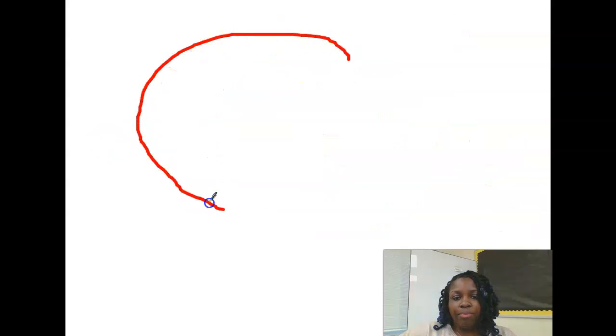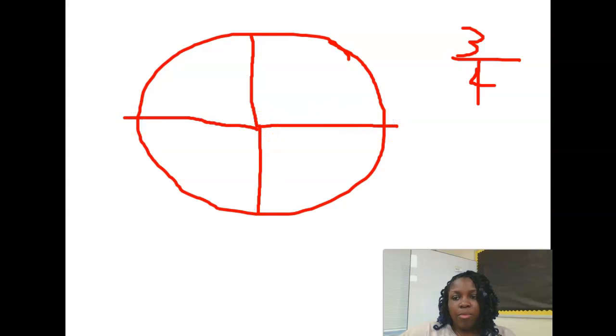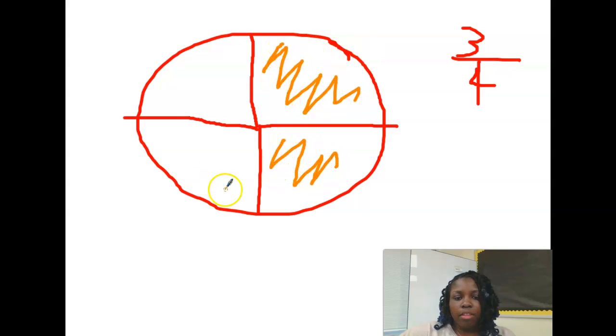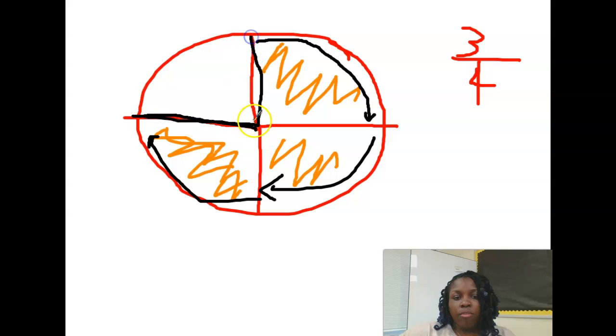So what if I have a circle and I ask, what is 3/4 of a turn? Or 3/4 shaded? That means I'm going to break this into 4 sections and shade in 3 of them. How many degrees is it? This is 1/4, this is 2/4, this is 3/4. We broke it into 4 sections, and every single piece is a right angle.